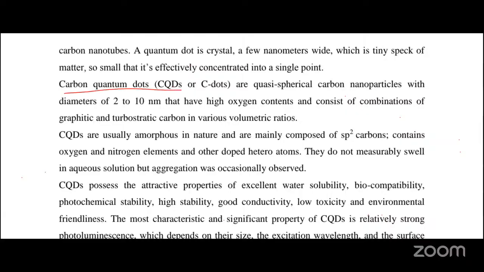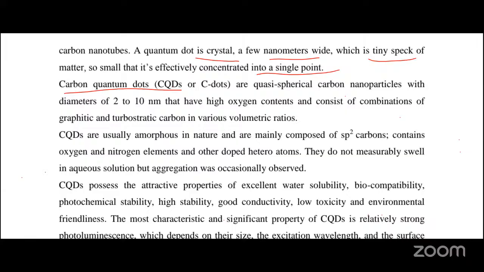Carbon quantum dots, we may call them CQDs. A quantum dot is a crystal a few nanometers wide, a tiny speck of matter so small that it is effectively concentrated into a single point.